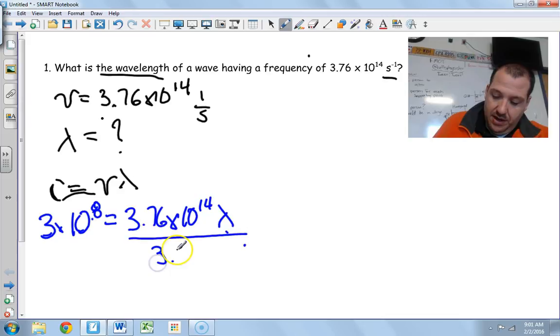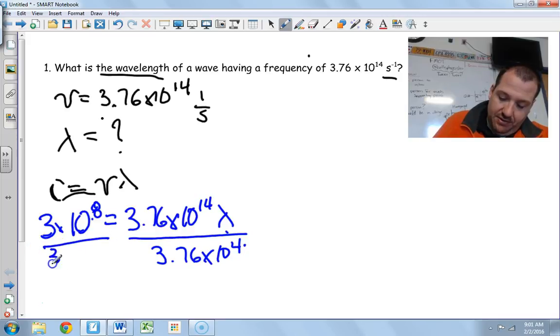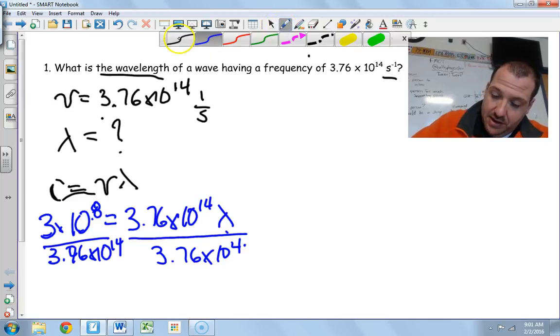So we divide this side by 3.76 times 10 to the 14th, and the other side too. And I'll write that over here, and I'm going to show you how to plug it into your calculator.